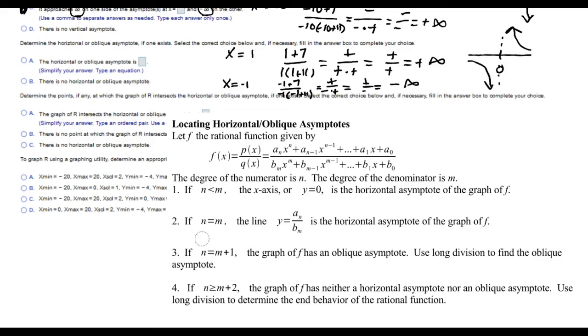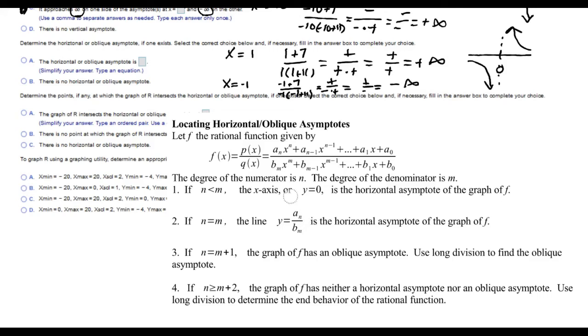So we have 4 different cases to deal with. When the degree of the numerator is less than the degree of the denominator, we have a horizontal asymptote along the x-axis, or the line y equals 0. If the degree of the numerator is the same as the degree of the denominator, then we're going to use the ratio of the leading coefficients, a sub n and b sub m.